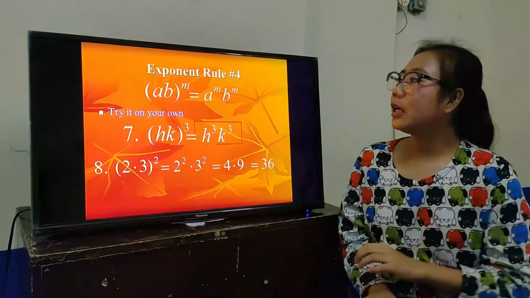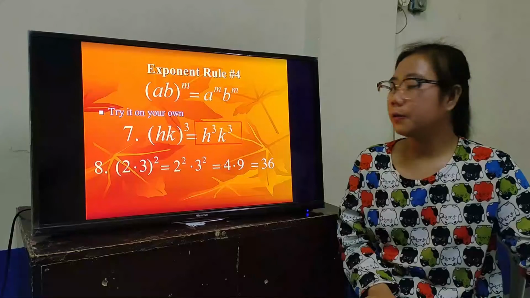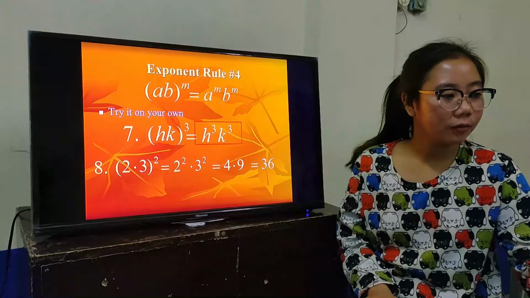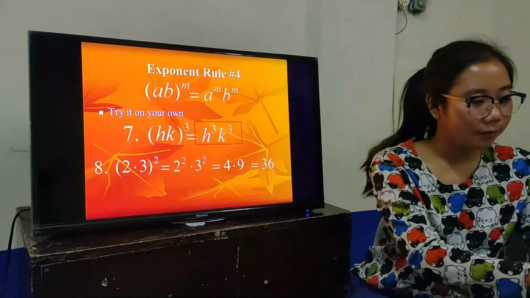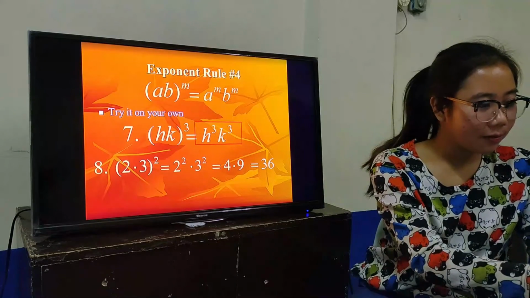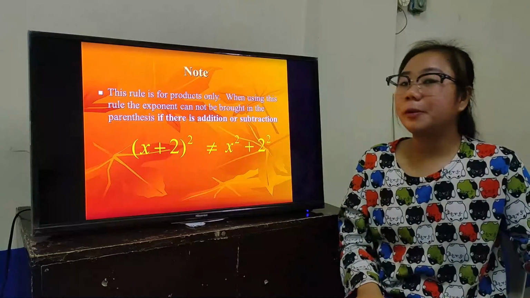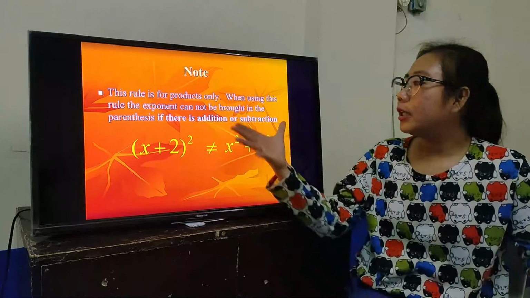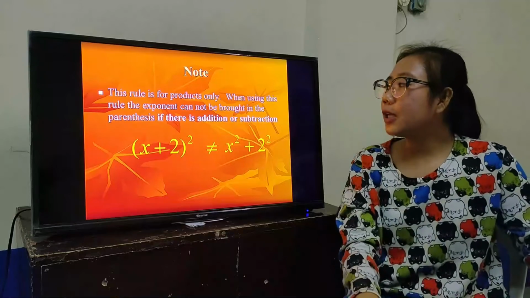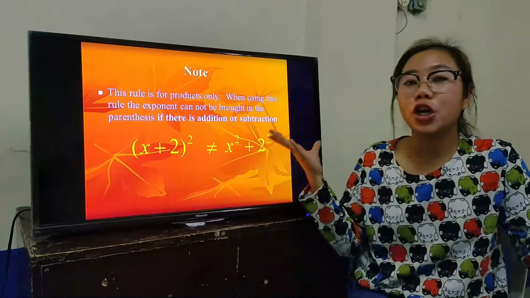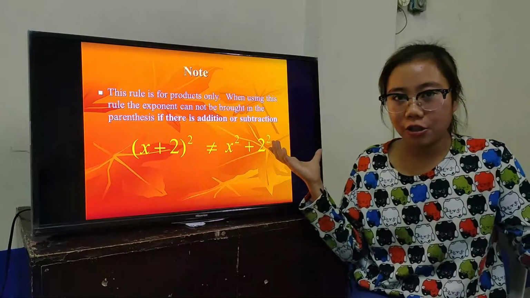We have a note here. Please note: this rule is for products only. When using this rule, the exponent cannot be brought into the parentheses if there is addition or subtraction.